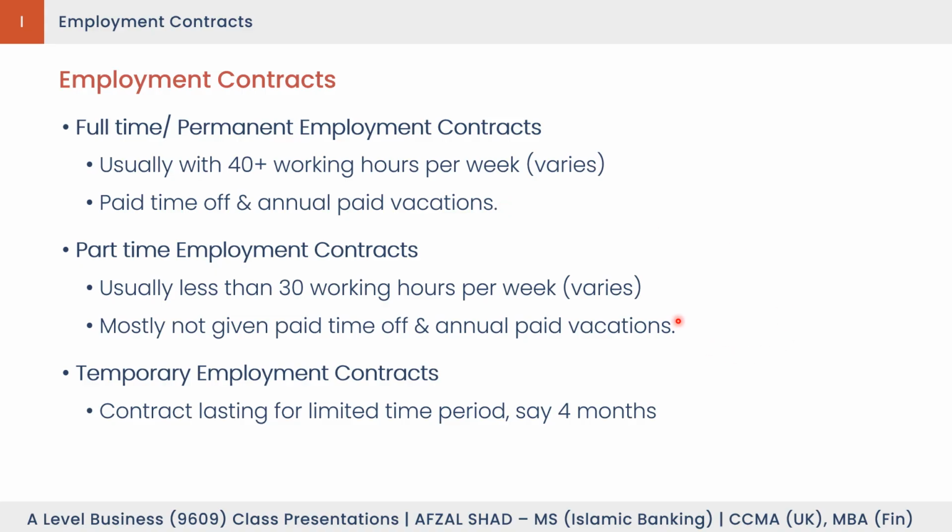For example, in certain organizations in Pakistan, we have annual paid leaves that range from 15 to 24 per year. You can take 15 to 24 leaves as and when you want, and it would be paid. No deduction in the salary will be made.